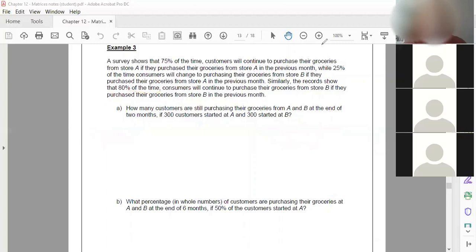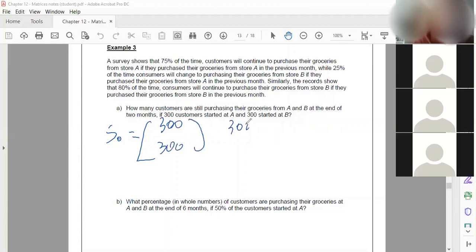Okay, part B. What percentage in whole numbers of customers are purchasing their groceries at A and B at the end of 6 months? If 50% of the customers started at A. Well, we know there's 50% of customers starting at A because S of 0 is 300 and 300.